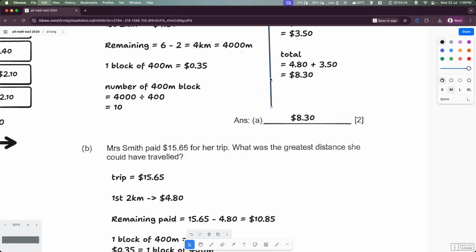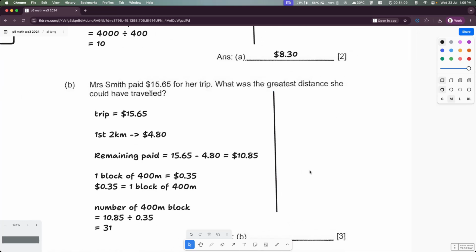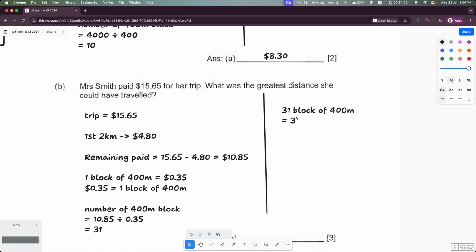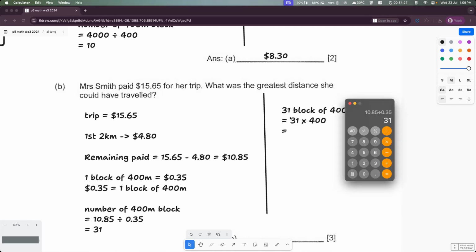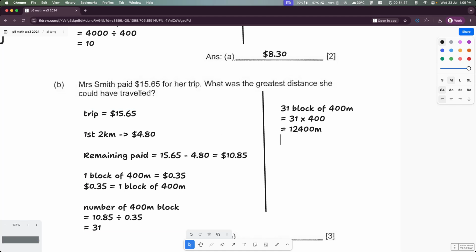So that means the 31 blocks of 400 meters is equal to how many, the distance, right? So it's basically 31 times 400. We multiply by 400. This gives us 12,400 meters, and then this can be converted to kilometers, right?